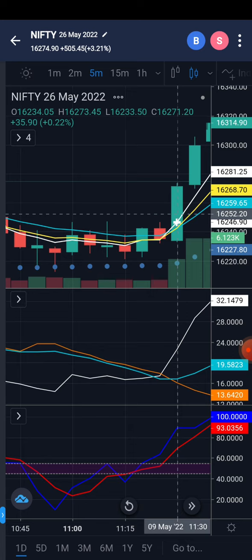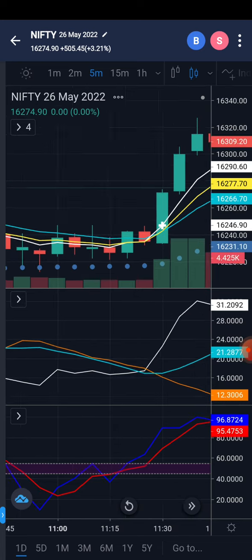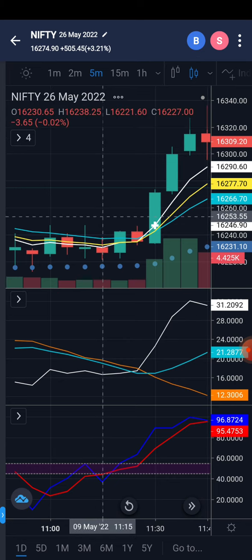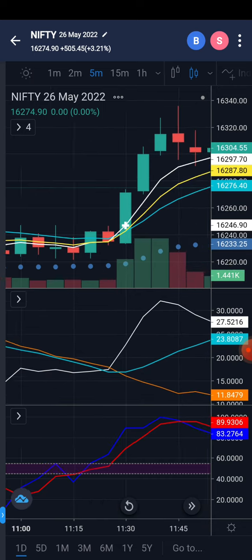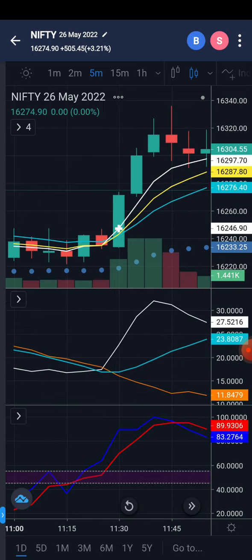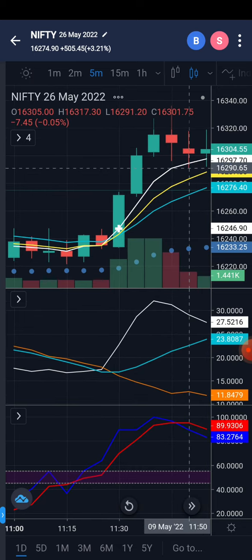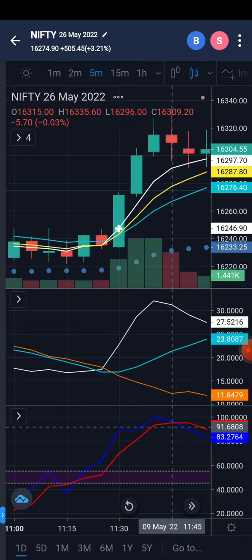So if you bought here, so let's see, this is at 16,253, and here it starts bending. Here there is a red signal.